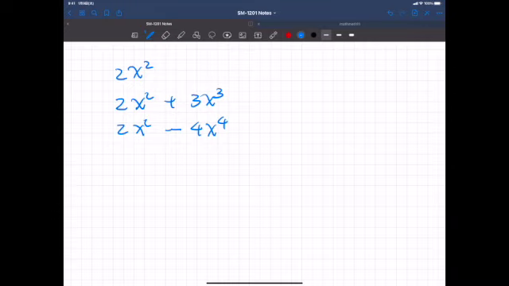Strictly speaking, these functions are different from each other. When x is large, like 100 or 1000, the cubic and quartic terms have significant impact on the behavior of these functions. So all these three functions behave very differently.